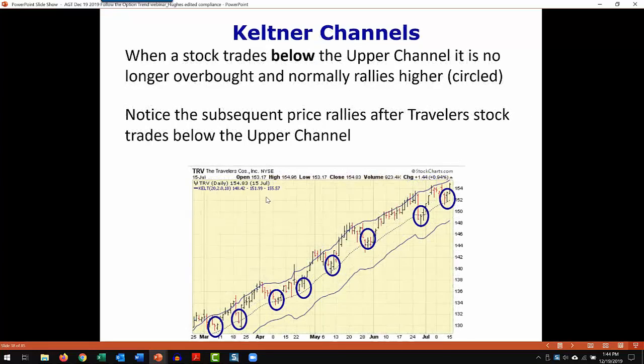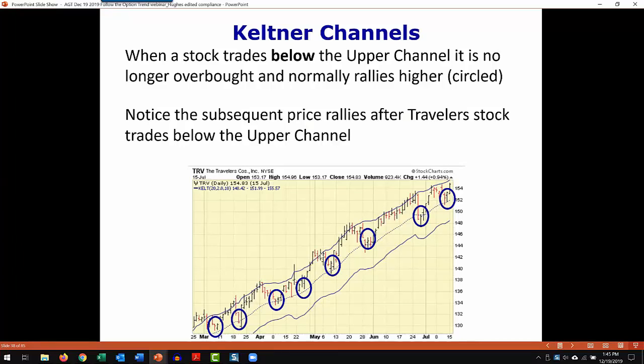So when a stock trades below the upper channel, it's no longer overbought and normally rallies higher. So we can see with the price declines for Travelers, it got overbought, retraced, and then rallied again. And we can see that pattern of overbought, retraced, rallied, overbought, retraced.